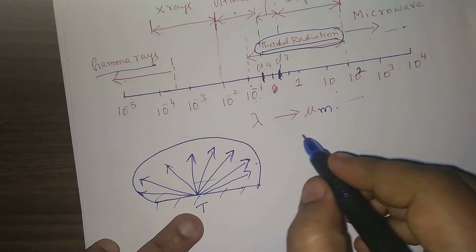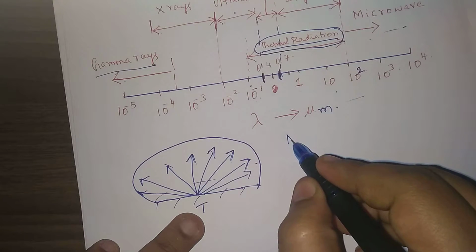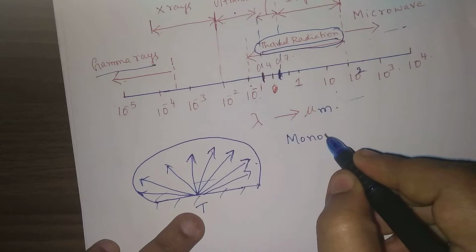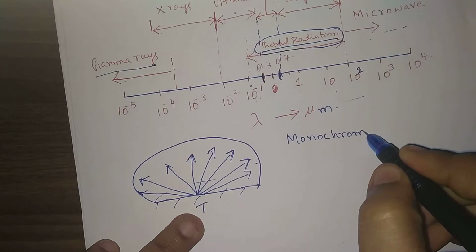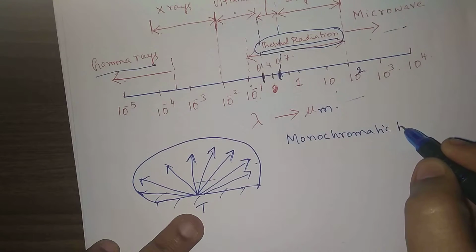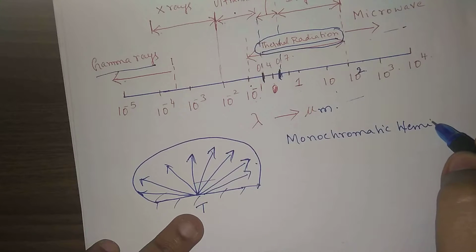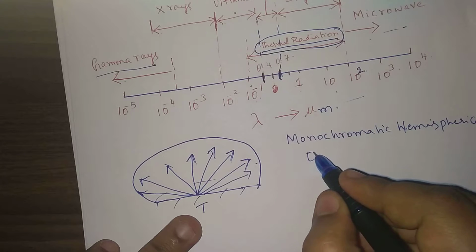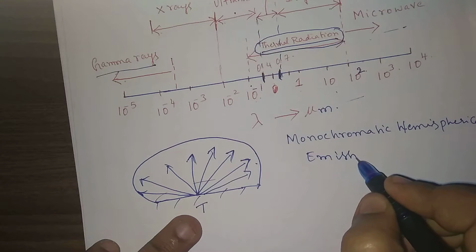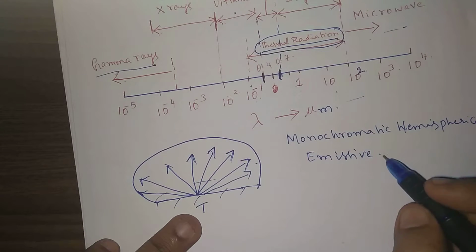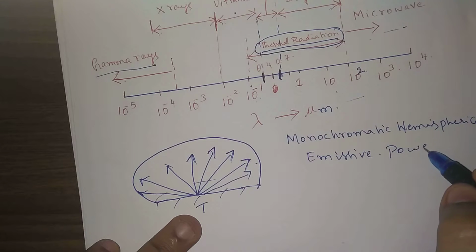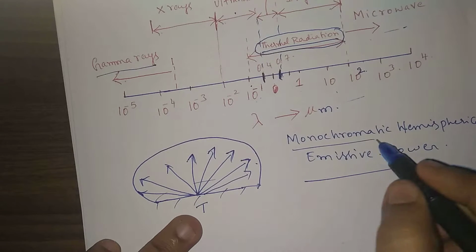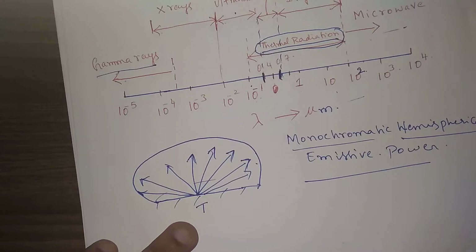So there is this definition called monochromatic, hemispherical, emissive power. Now what is this monochromatic, hemispherical, emissive power?